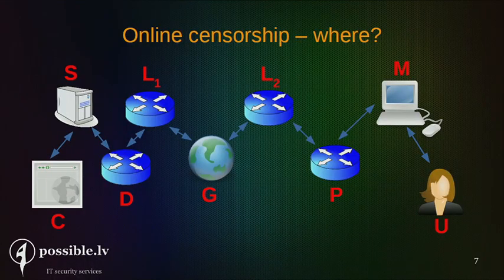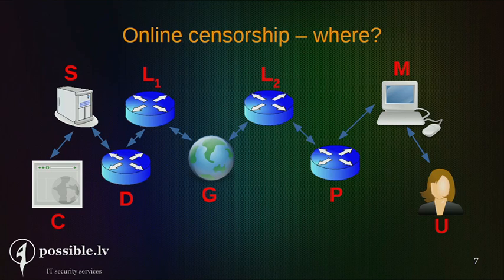So where does online censorship actually happen? Here is a generic scheme of how communication on the internet happens. We see the content on your left, then there's a server that hosts the content, and the data center that provides server access to the internet.